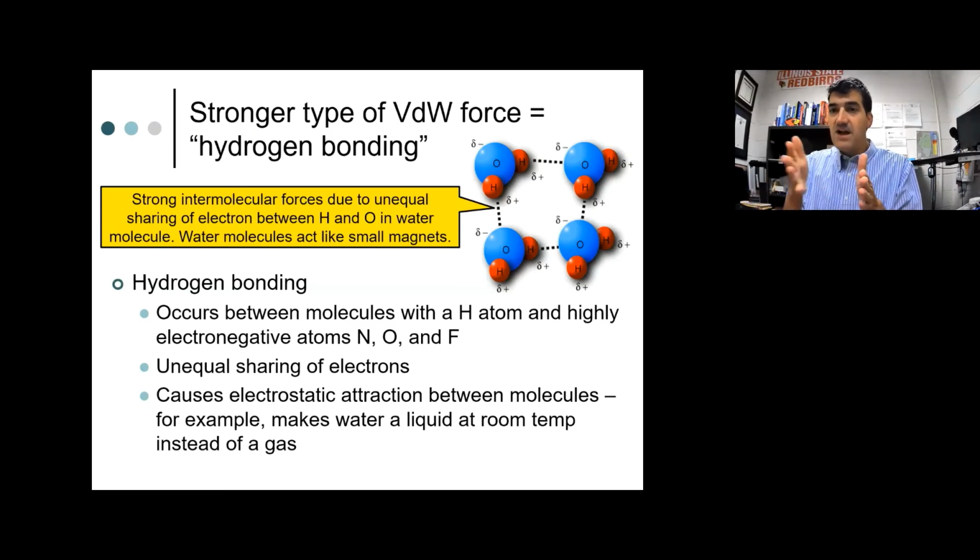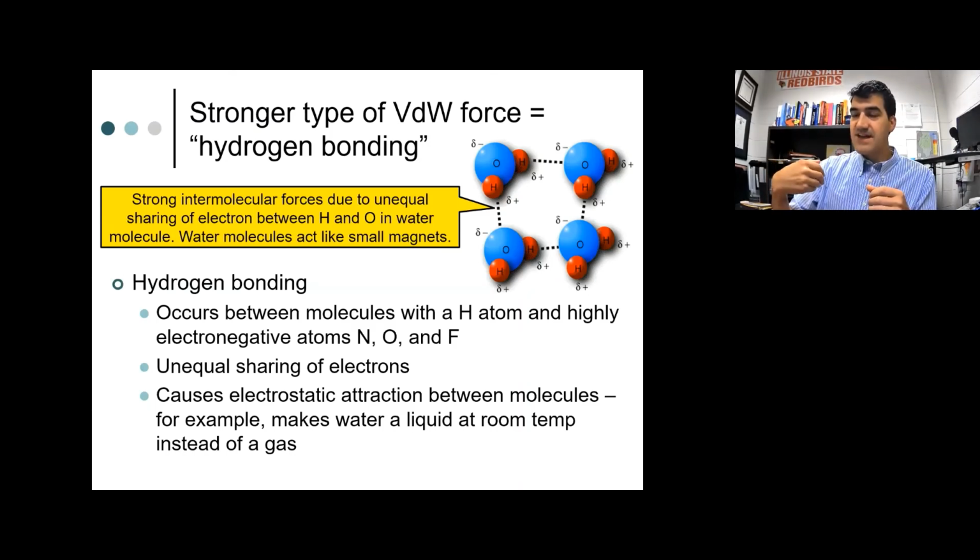In a bunch of these molecules together, like in a cup of water, they tend to line up. So you've got this kind of repeated structure where the water molecules line up so that the oxygen, which has a partial negative charge, is attracted to the partial positive charges from the hydrogens in the neighboring molecule.